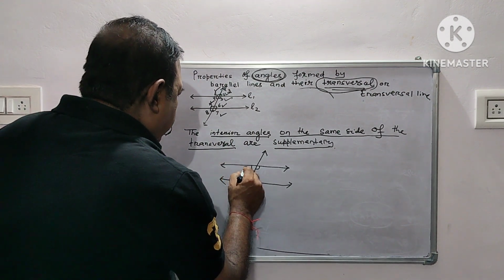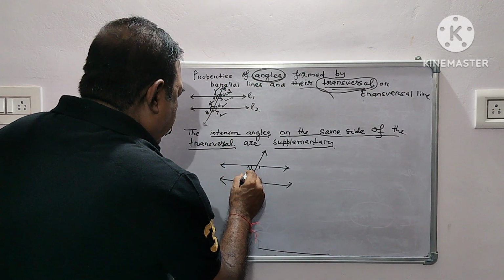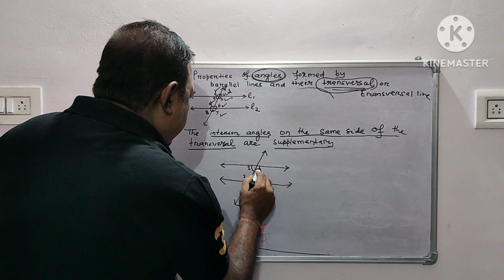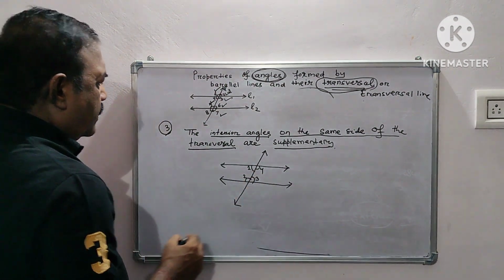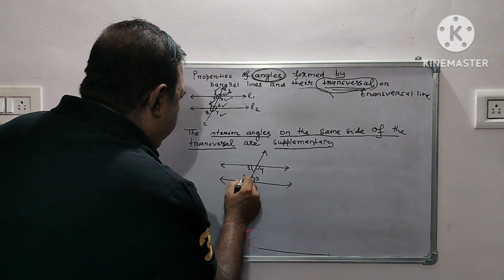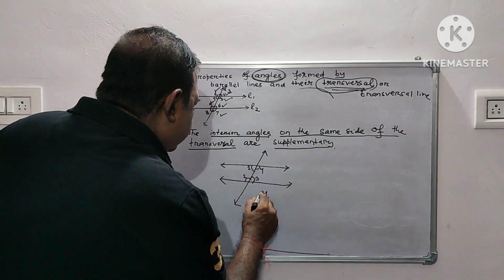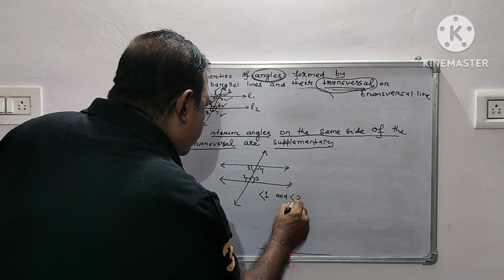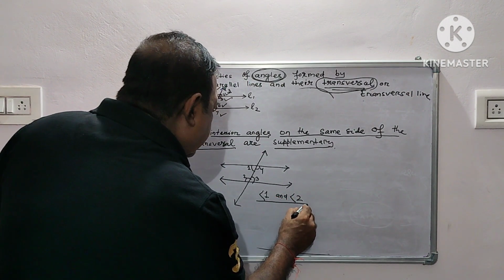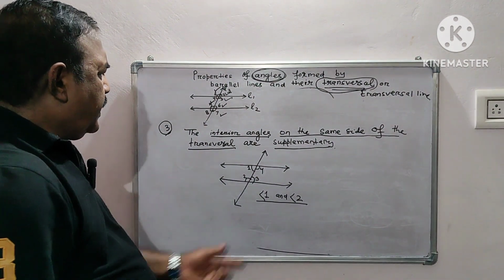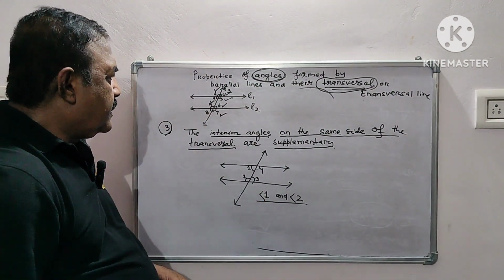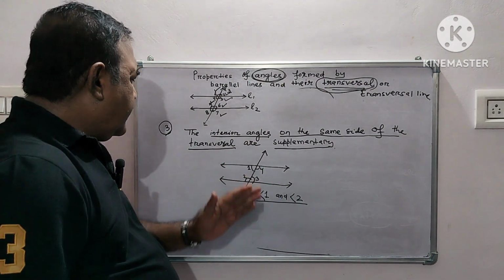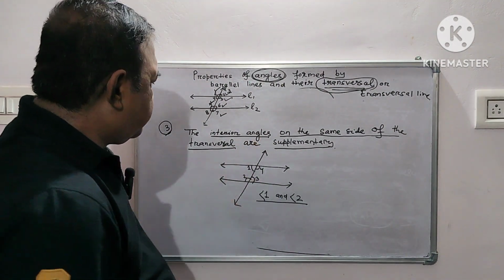So if I write angle 1, angle 2, angle 3, and angle 4. Angle 1 and angle 2 are 2 interior angles which are on one side of the transversal.